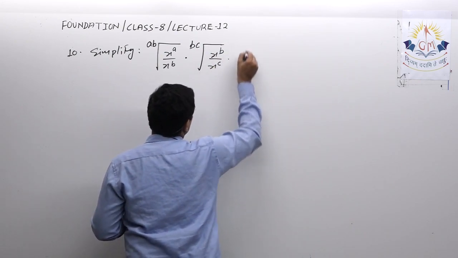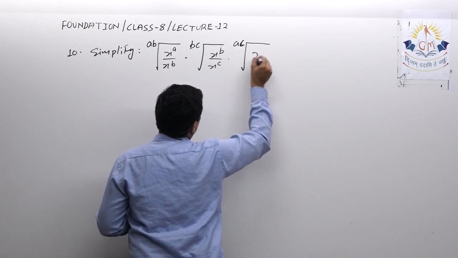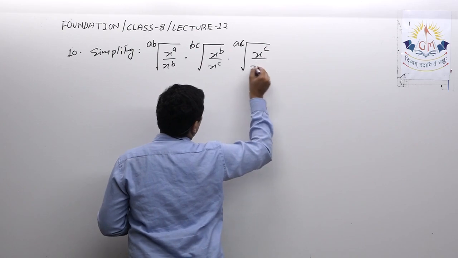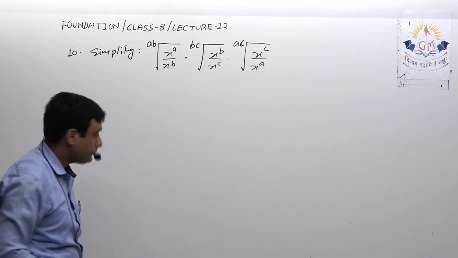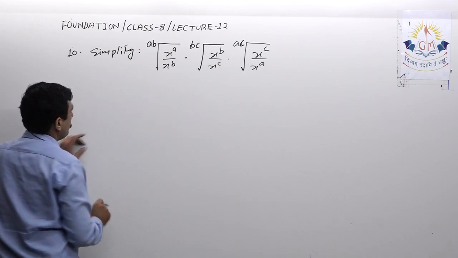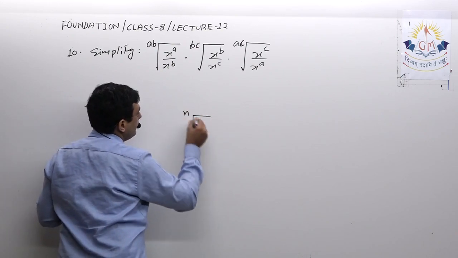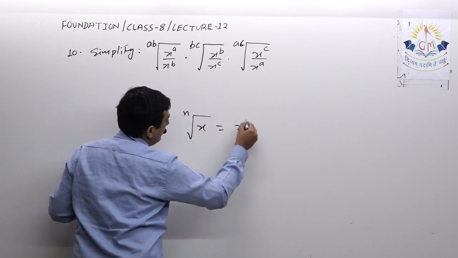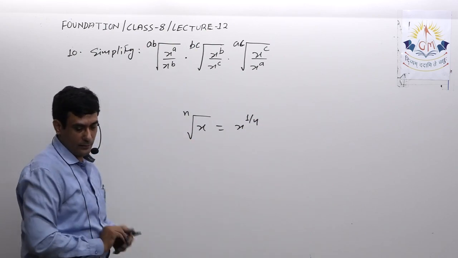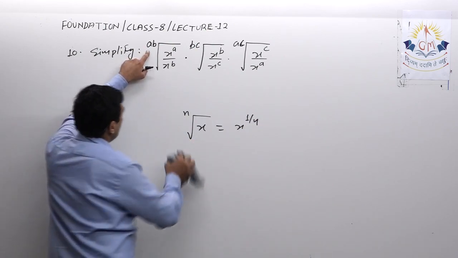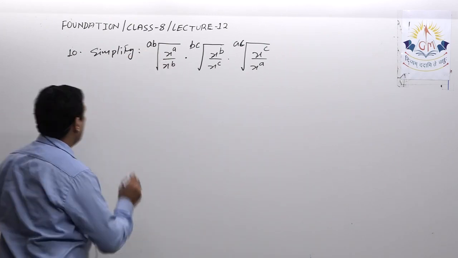Similarly, here we have AC and x raised to C upon x raised to A. Okay, so first of all I will convert this. As I told you in the notes, this is actually x raised to 1 upon n, read as nth root of x. Similarly, here it is AB, so actually power will become 1 upon AB.